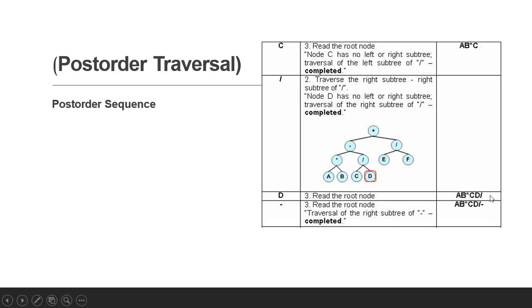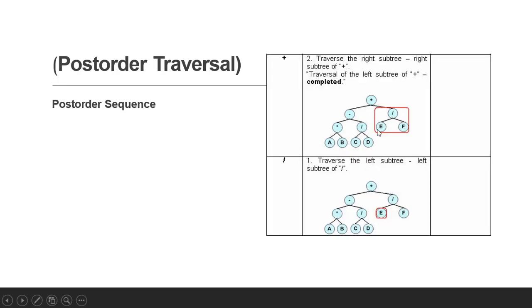Then you have the division, followed by the minus. Because there are no subtrees on the minus, we have already evaluated this one and also this one, which means we have to evaluate the root. Then you go back to the right subtree of the plus tree.